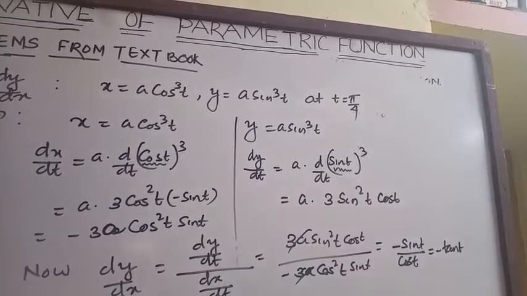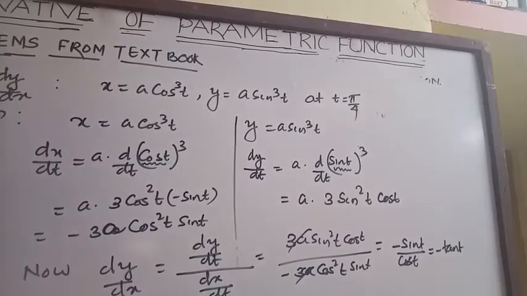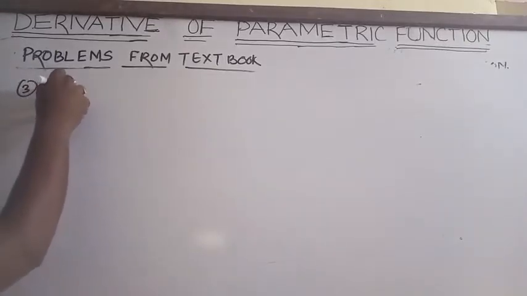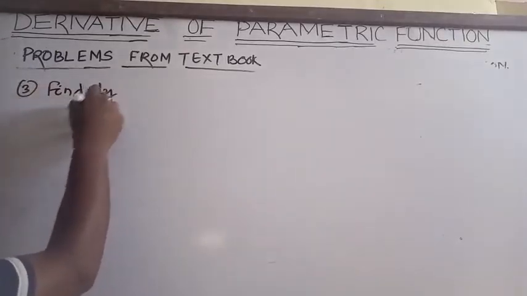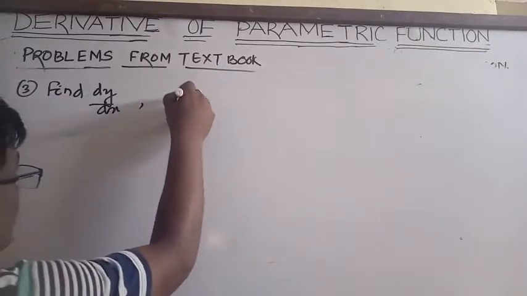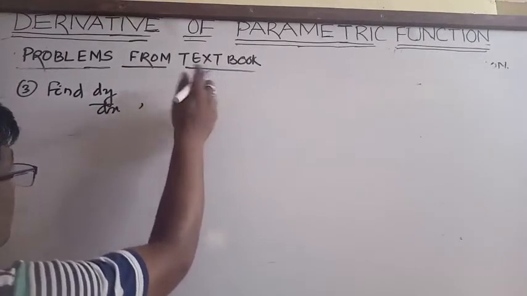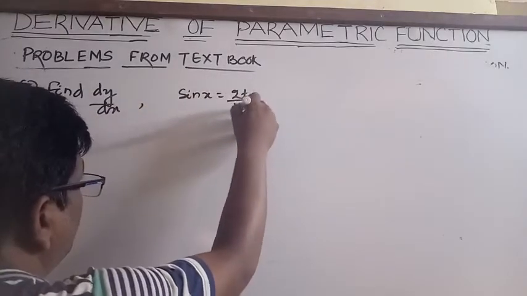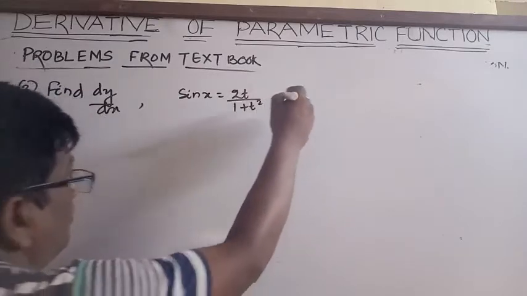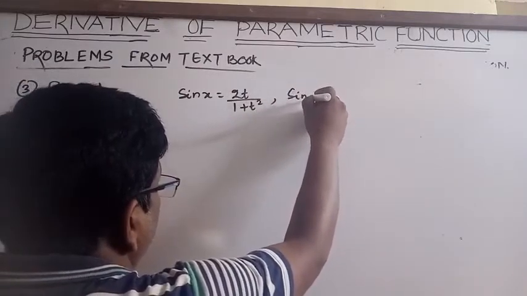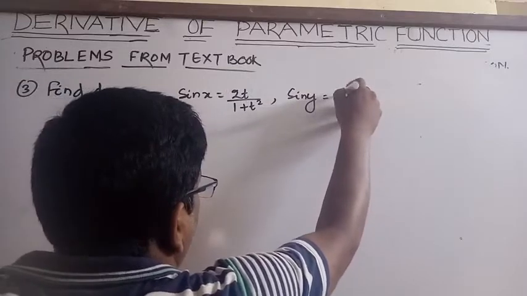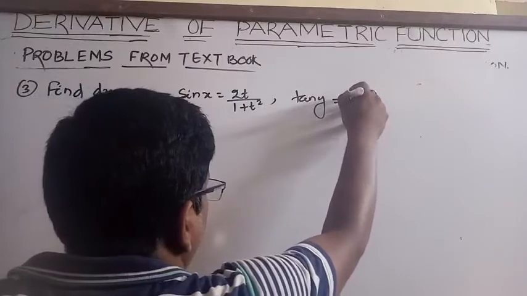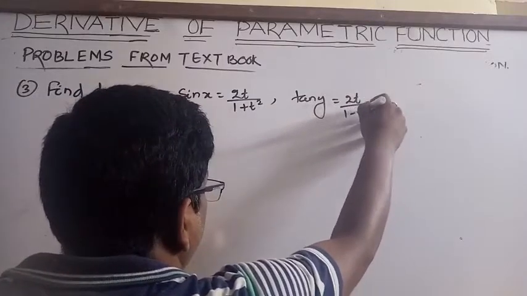Now another question. Find dy by dx, where sin x is equal to 2t by 1 plus t square, and tan y is equal to 2t by 1 minus t square.